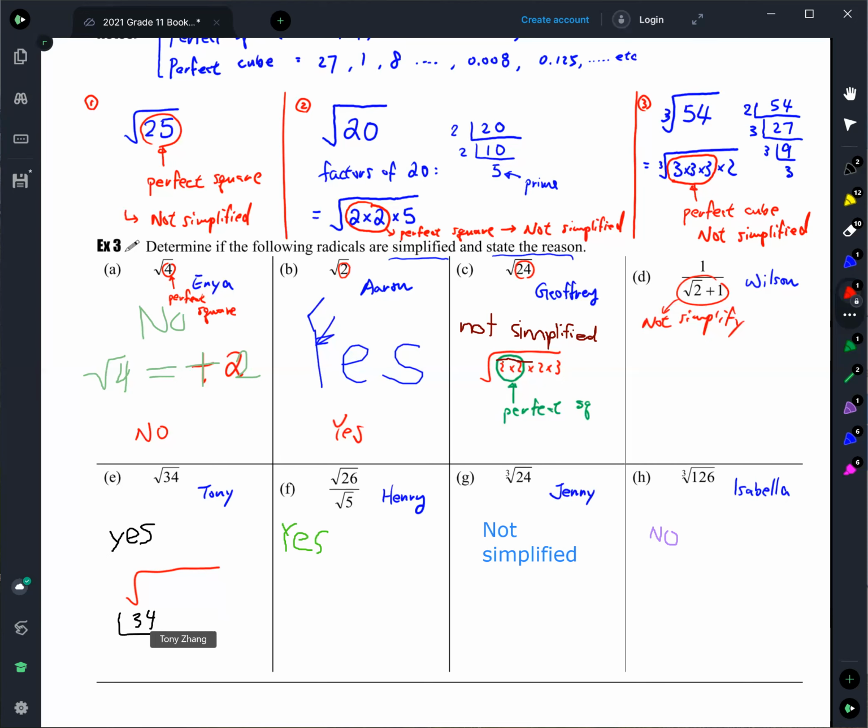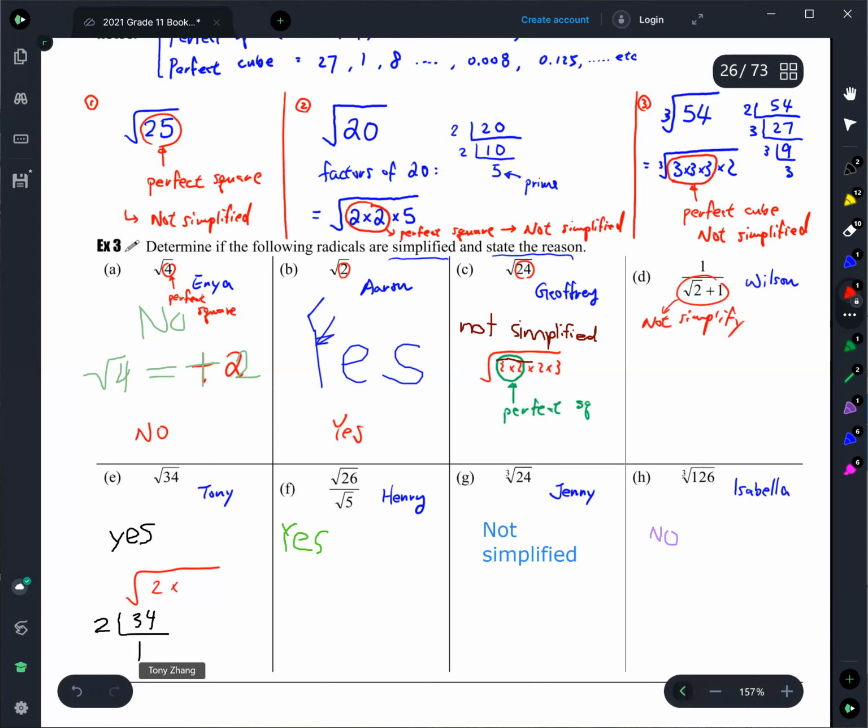Yeah, so what numbers go in? 2 and 17. 2 times 17, anything else? No, I don't think so. Okay, so do you see any perfect square inside? No. Okay, so answer is yes. Very good. This one is simplified.